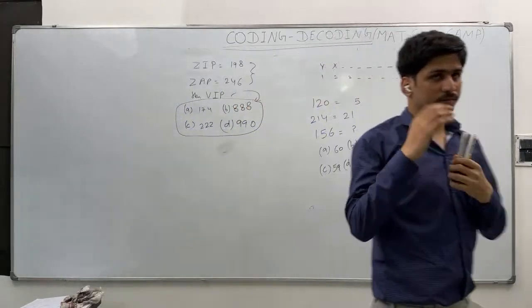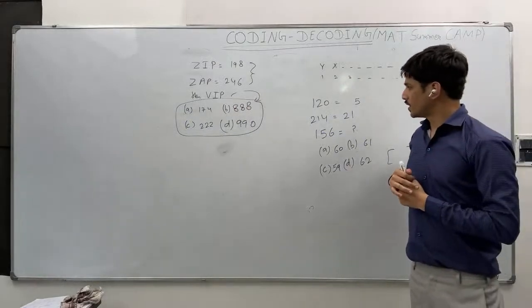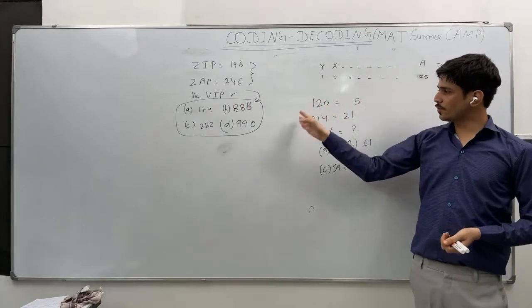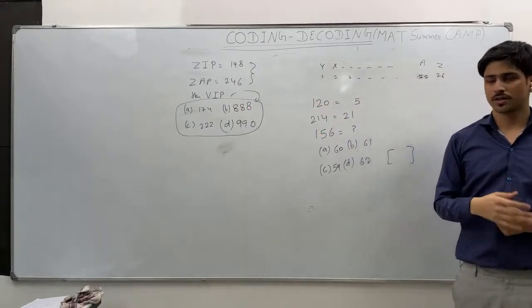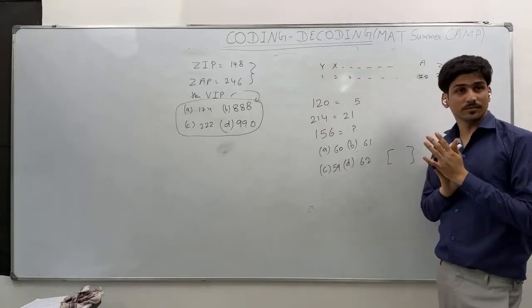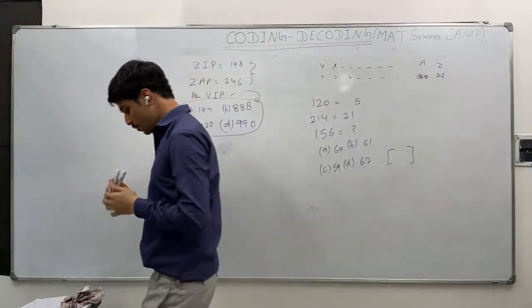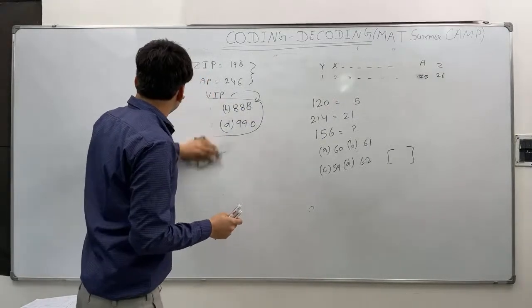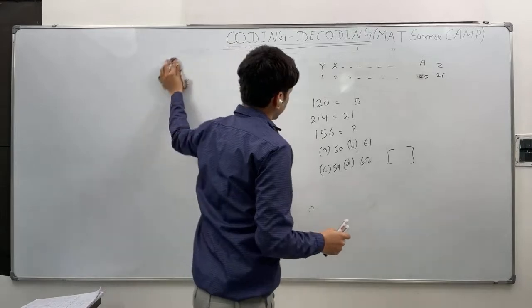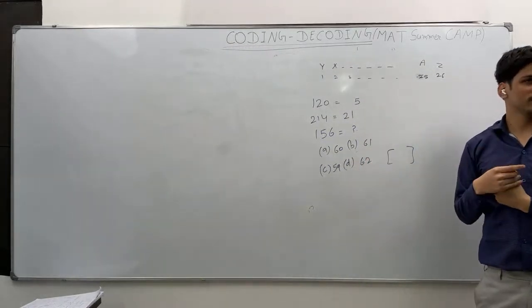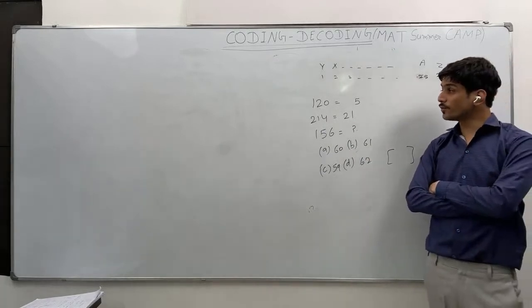Some pattern is there, right? Some hidden pattern. If the same pattern is followed here, the same pattern should follow here also, right? Think what pattern they are following here. So that pattern you need to identify.